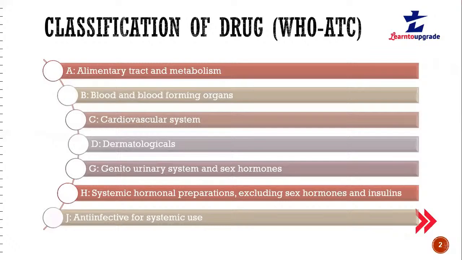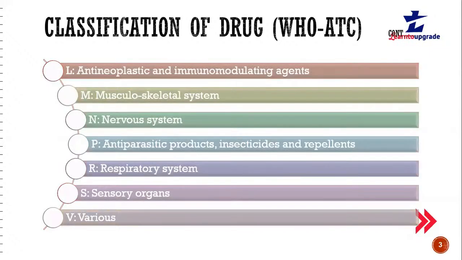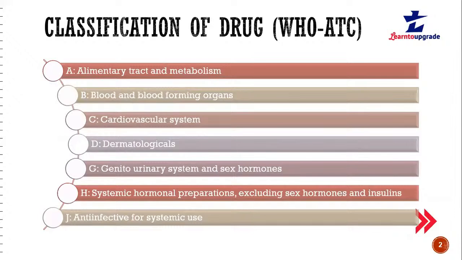The classification I'm taking you through is the WHO ATC, the WHO Anatomical Therapeutic Classification. As per this classification, these are the main categories. You can see almost 14 categories in which you can keep all your drugs.